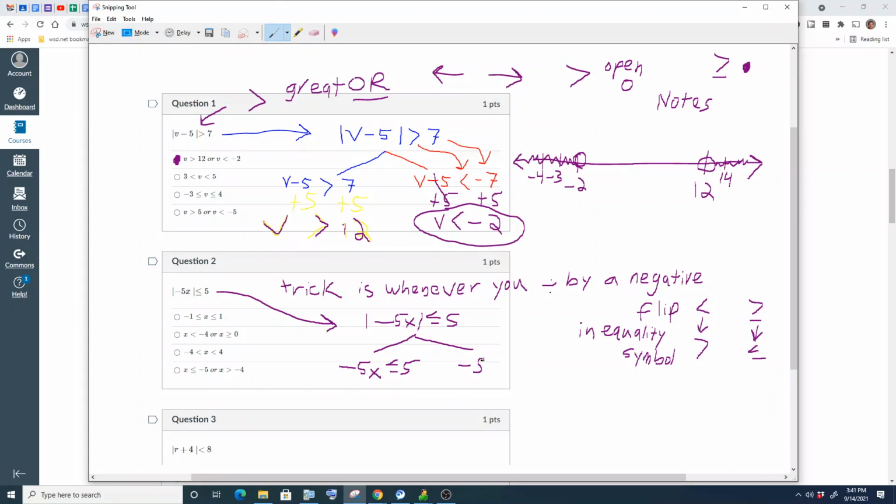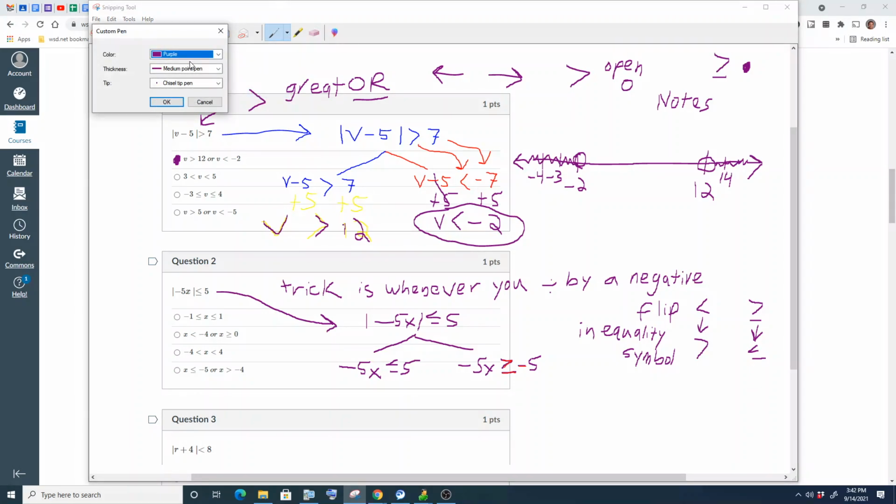And -5x is greater than or equal to -5. So notice for the second equation that instead of less than or equal to, we changed it to greater than or equal to. And we changed the 5 to be a -5, right? Okay, nice.